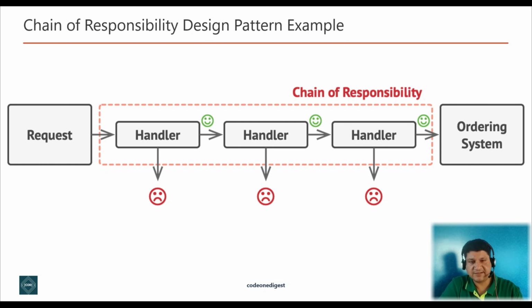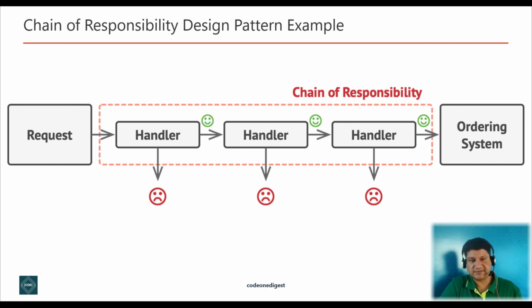The pattern suggests that you link these handlers into a chain. Each linked handler has a field for storing a reference to the next handler in the chain. In addition to processing a request, the handler passes the request further along the chain. The request travels along the chain until all handlers have had the chance to process it.